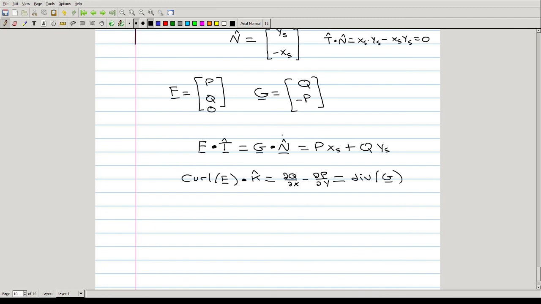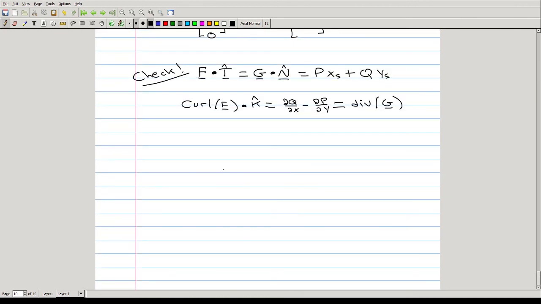I want you to go through and make sure that all of these things I've written down check out, but I guarantee they are correct. You can see directly it'll just be the x derivative of G, which is dQ/dx, plus the y derivative of G, which is negative dP/dy. So this is a direct check that I just did.